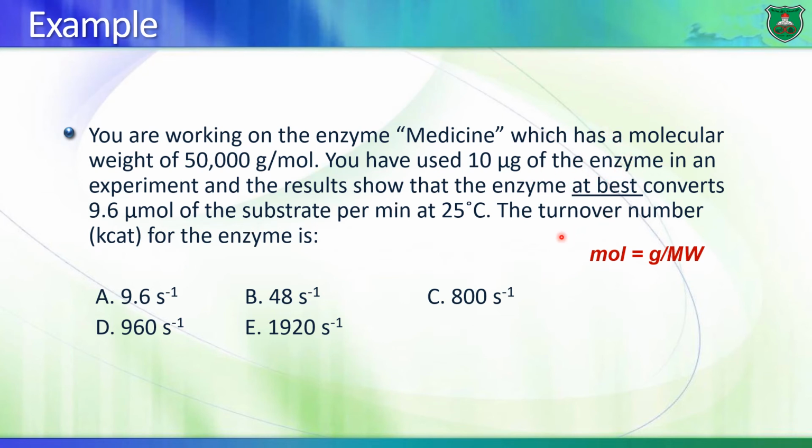So the turnover number of the enzyme is, so do the calculation. Now remember that moles is equal to grams over molecular weight of the enzyme. So you can calculate the moles of an enzyme. You have the amount in grams over the molecular weight. So you can calculate Vmax. So I'll give you 2 seconds to think about it.